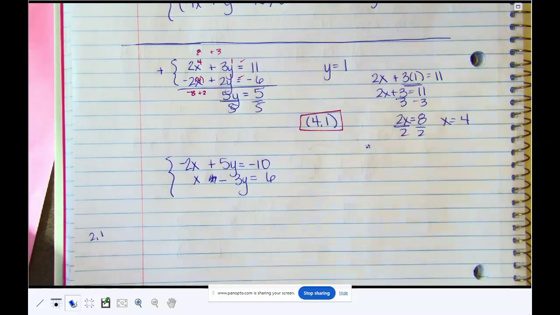So we end up with this problem where it's set up to be eliminated because the x's and the y's are on the same side. That's a good indication that you can do this elimination, but what's the problem? Nothing cancels. If I'm going to add these guys, nothing cancels.